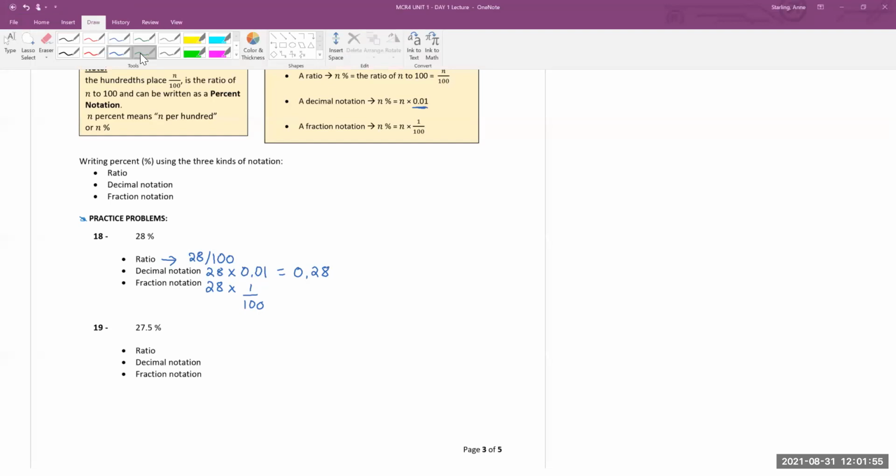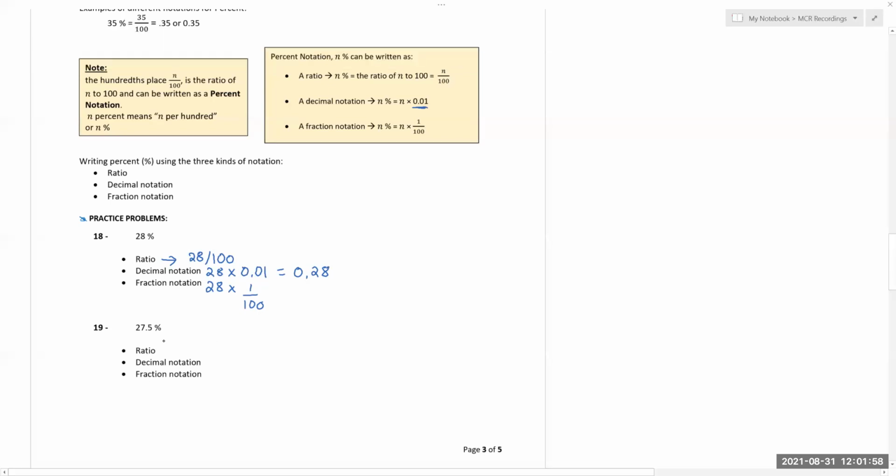For this 27.5, the ratio would be 27.5 divided by 100. Now, if you don't like that, you can multiply by 10 to get rid of the decimal. That would move it over 1. As long as you do it top and bottom, it's completely allowed.